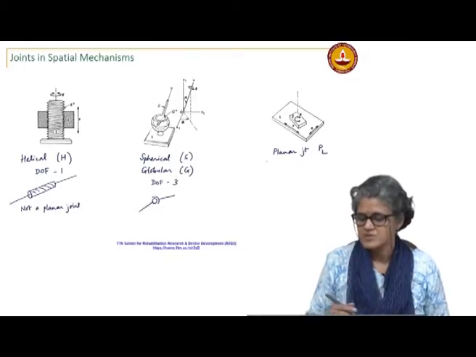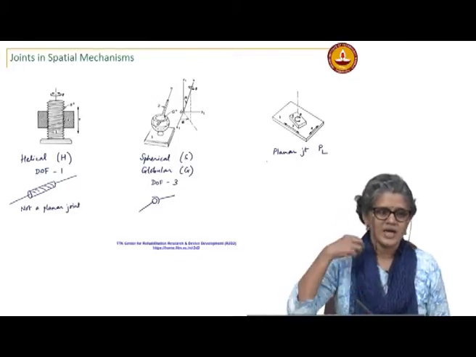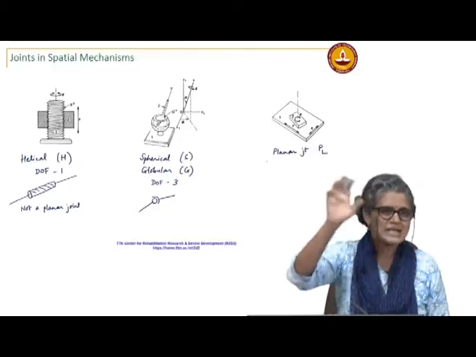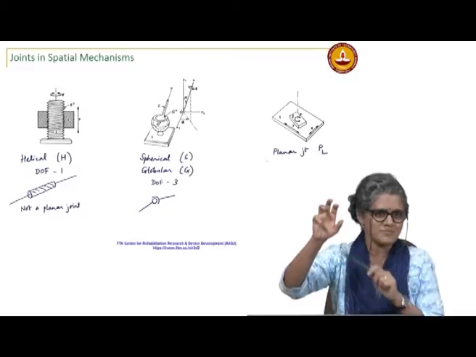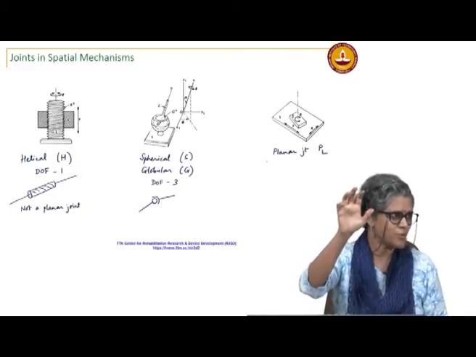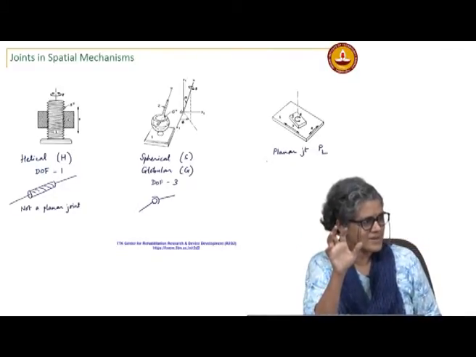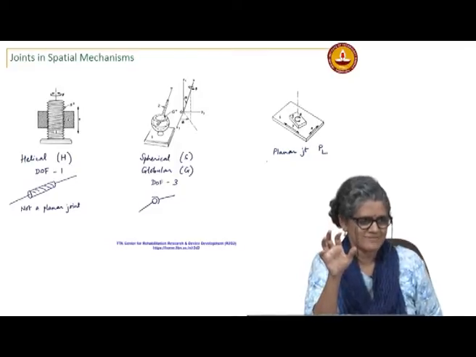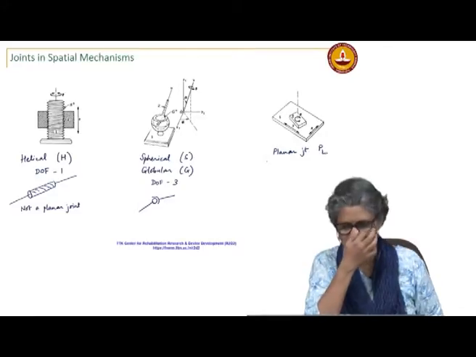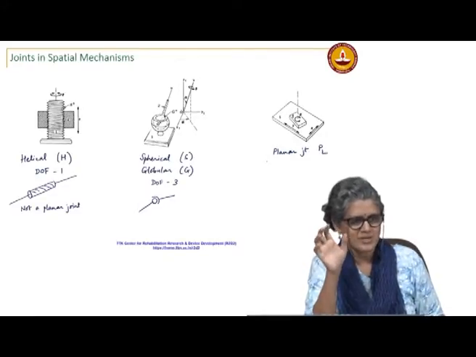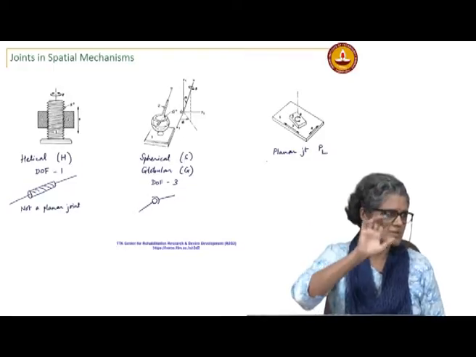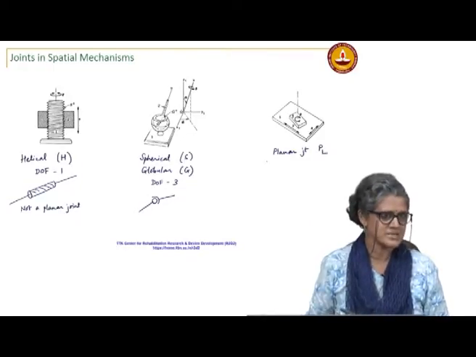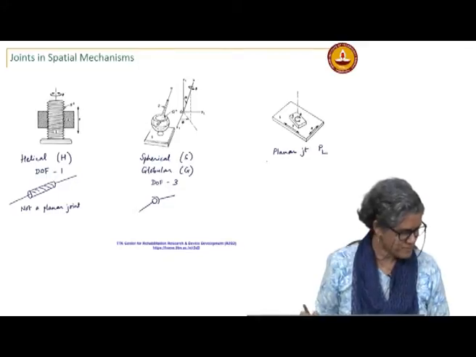If I was cleaning the board with the duster, my arm would form a mechanism where the joint between the board and my hand is a planar joint, because I can move, assuming I take the duster as attached to my hand, then the joint between those two links is a planar joint when I am cleaning the board.